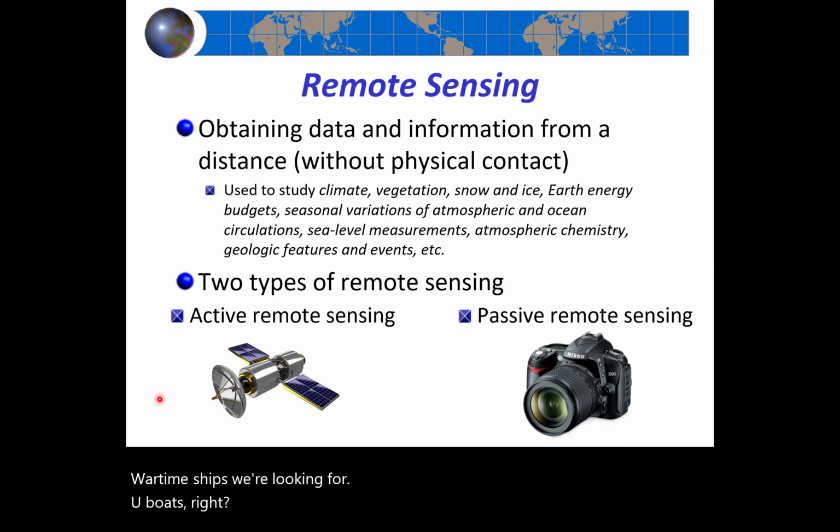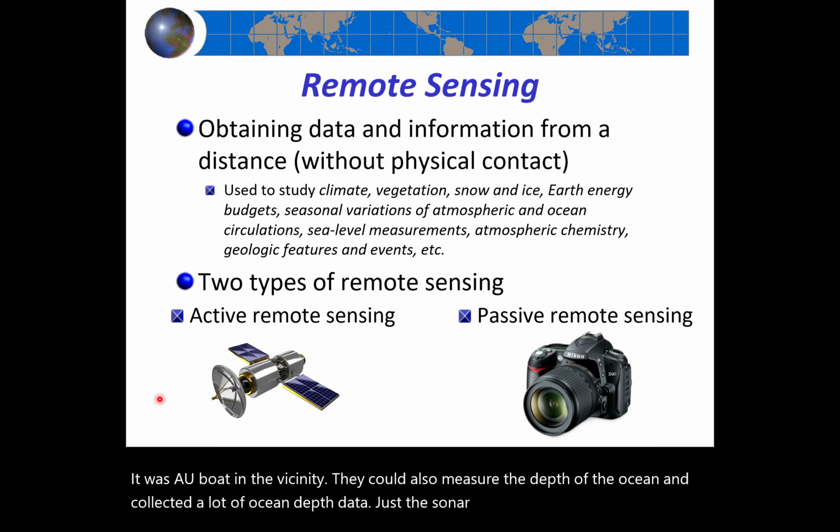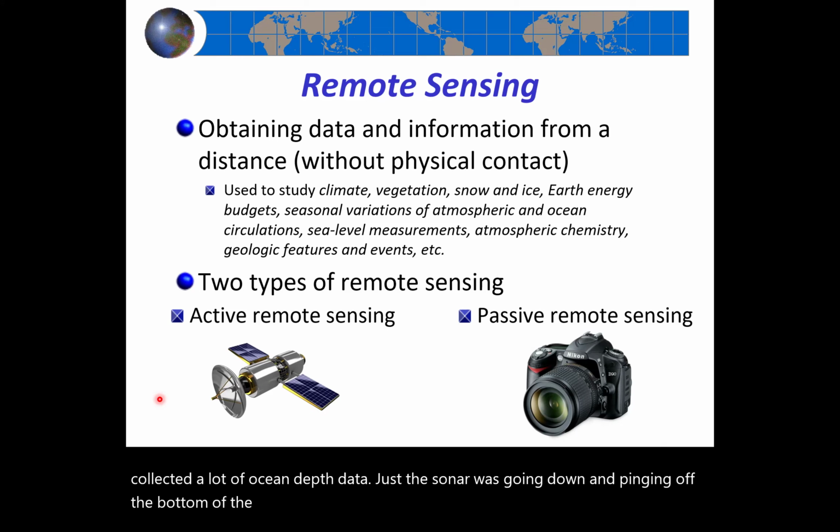U-boats, German subs. They use sonar, and when they got a ping, there was a U-boat in the vicinity. They could also measure the depth of the ocean and collected a lot of ocean depth data. The sonar was going down and pinging off the bottom of the ocean floor, so we could measure the depth of the ocean that way.